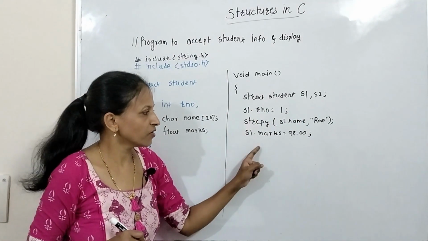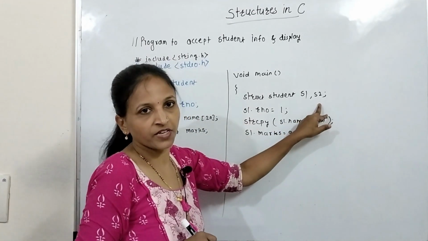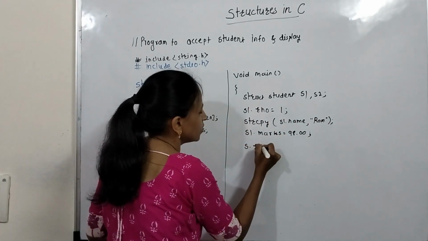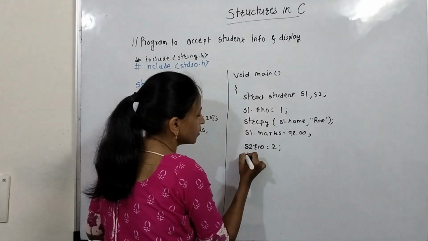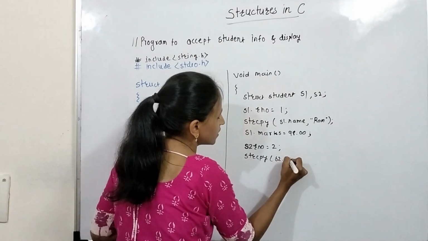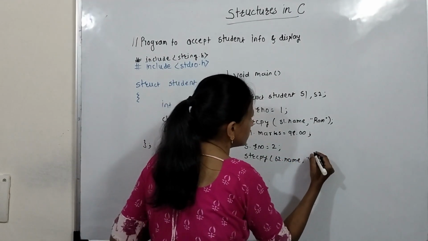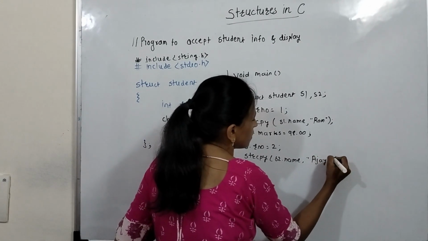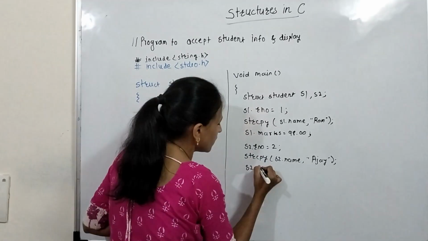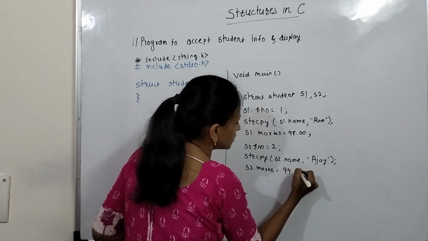In the same way we can store data about the second student with the help of the s2 variable. How? In this way, s2 dot rno equals 2, then strcpy s2 dot name comma Ajay, and then next s2 dot marks equals 99.00.